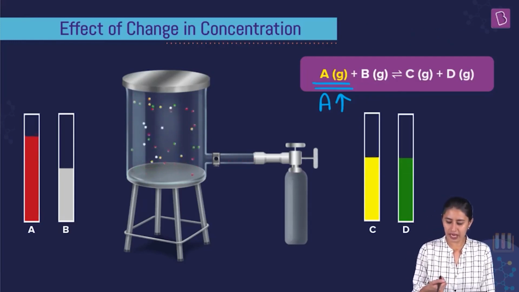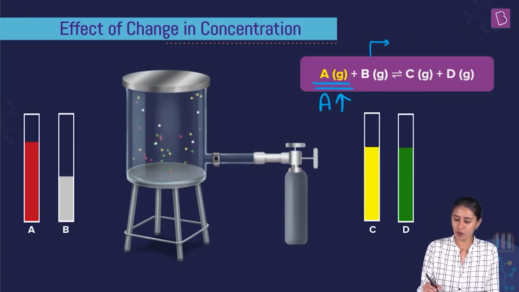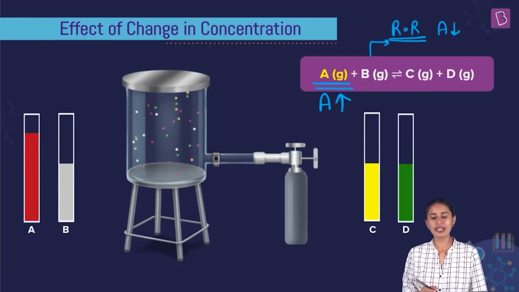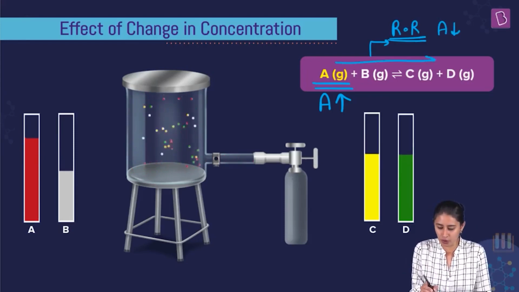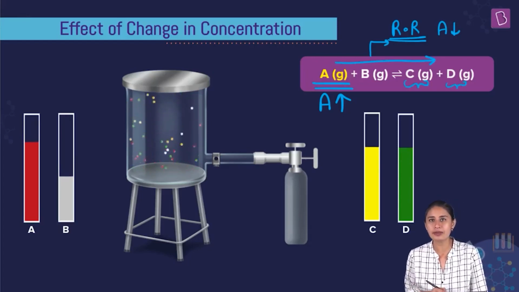What did I say? The other way of seeing it is reactant increases. How will the reaction respond? I am writing now reaction's response as RR. Reaction will respond in such a way that A decreases. How will A decrease? If the reaction goes in the forward direction. That means concentration of C and D should increase.